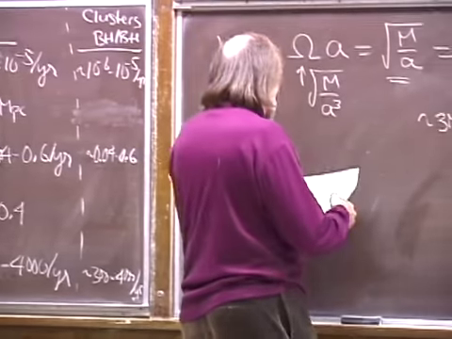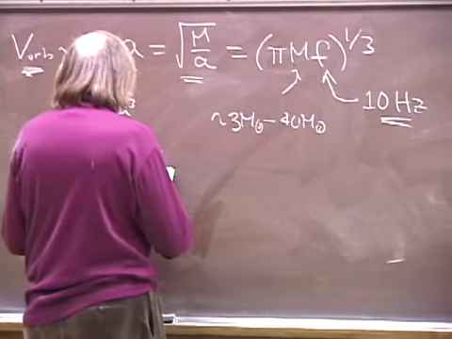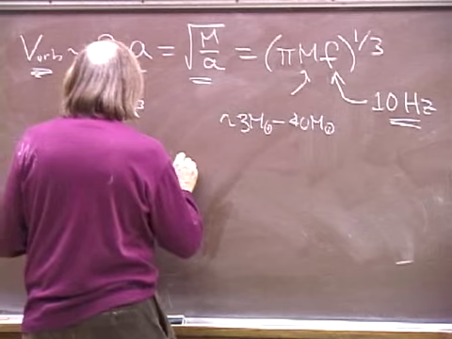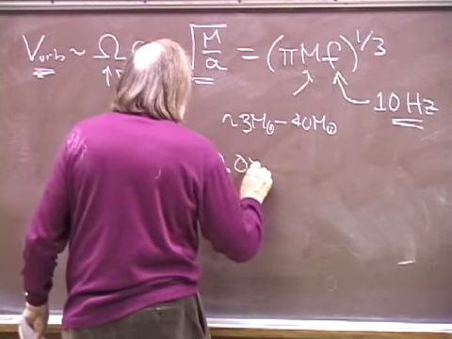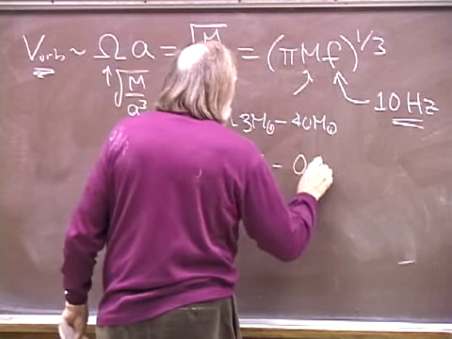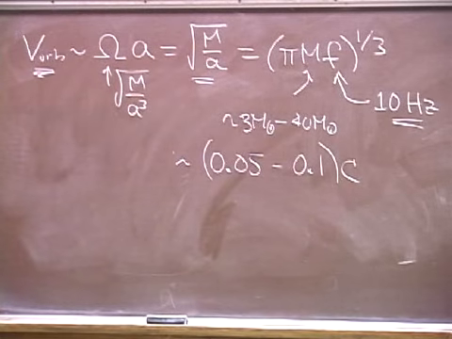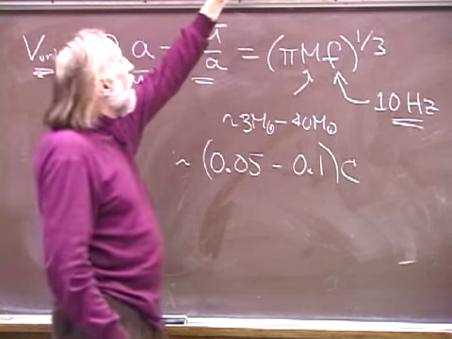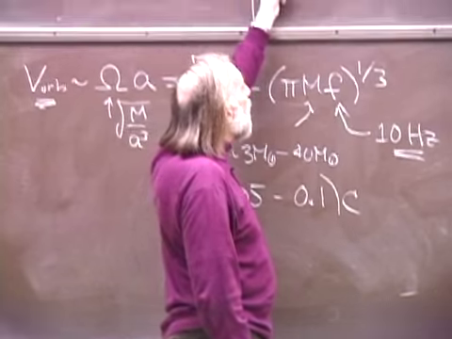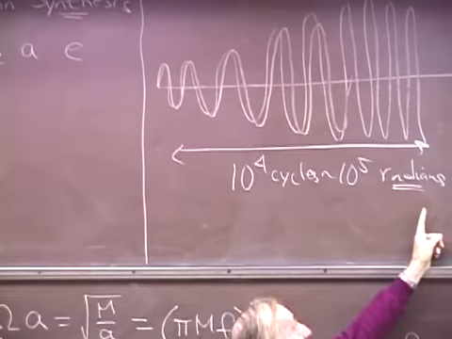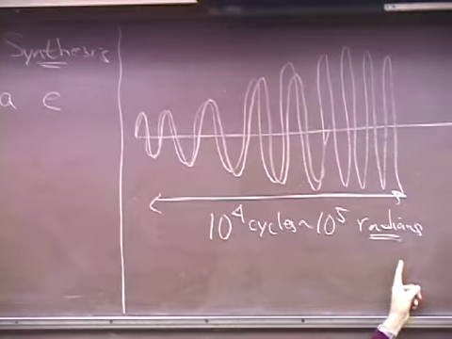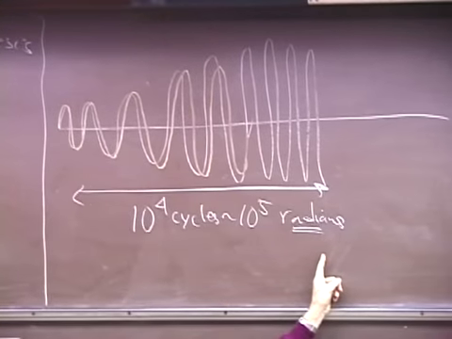And you just put those numbers in, and you wind up with a velocity that is between 0.05 and 0.1 times the speed of light. When the waves enter the band, these velocities just go up, beginning at a 10th or a 20th the speed of light. At the end, the relative speeds are close to the speed of light. They're above half the speed of light at the end.